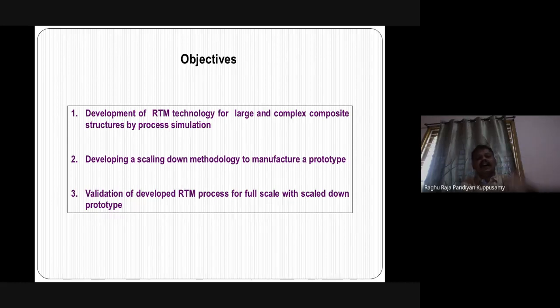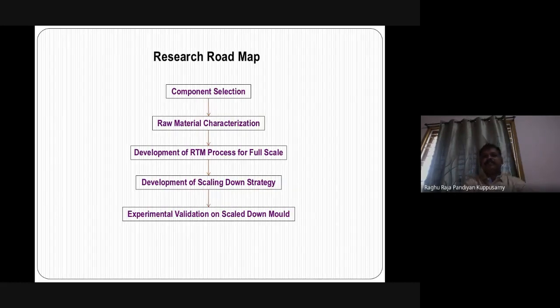So I have to develop a scaling down methodology to manufacture a prototype, and validate the effective process parameters and prototype developed from the full scale in a scale down mold. That will be the experimental validation. So this will be the total outline of the work.